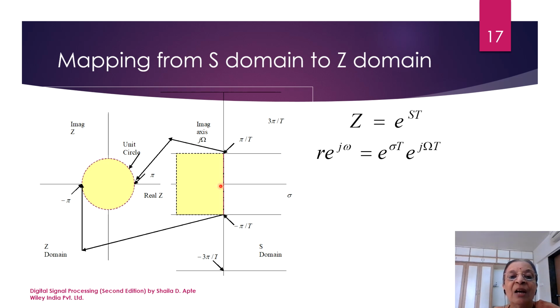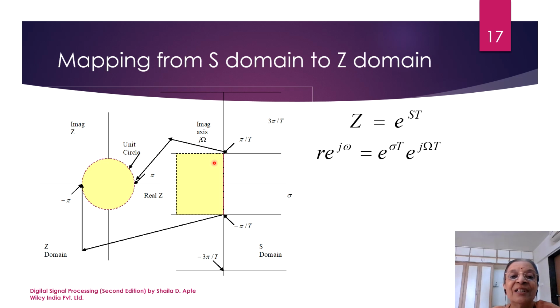So when I am traversing from 0 to pi by t, I am traversing in the z domain from 1 to minus 1. Similarly, when I am traversing from 0 to minus pi by t, I am traversing from z is equal to 1 to z is equal to minus 1 in this case, because the angle is minus pi.